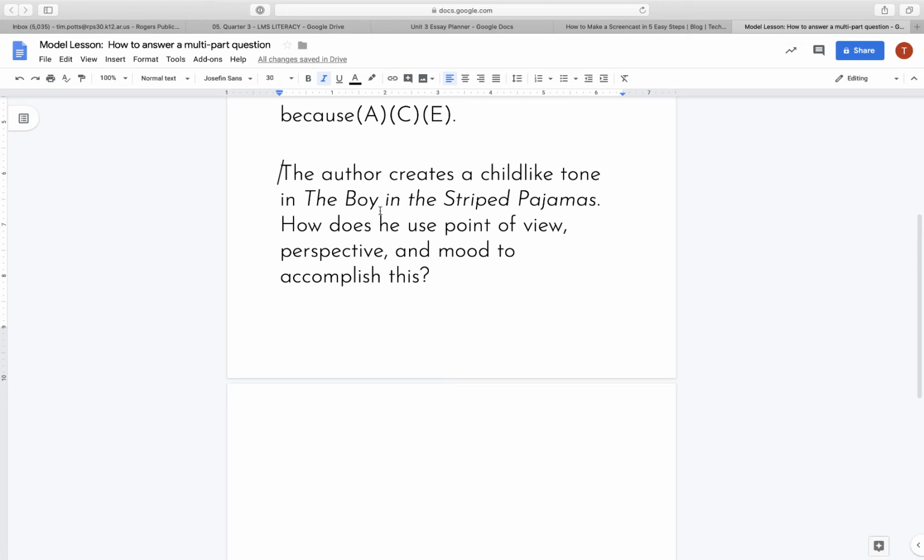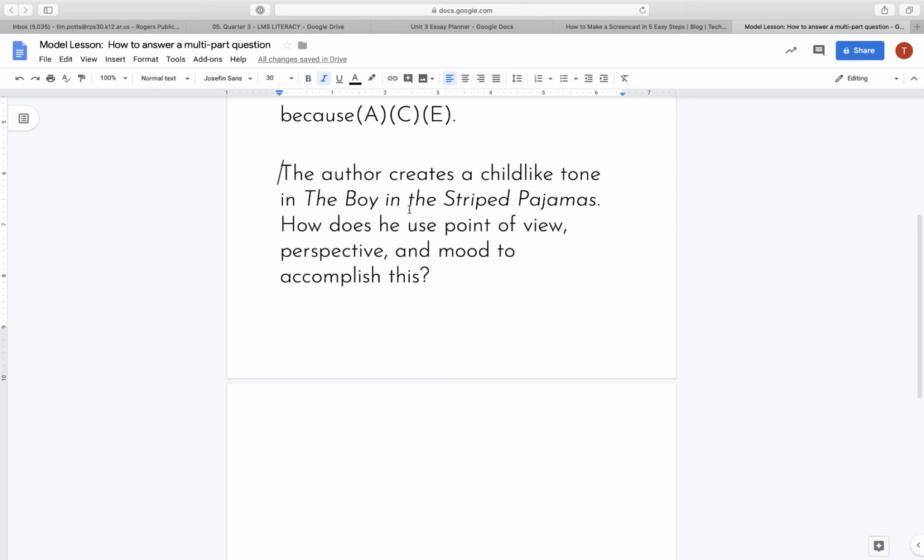And if you look at it, it's kind of complicated. This one says the author creates a childlike tone in The Boy in the Striped Pajamas. How does he use point of view, perspective, and mood to accomplish this? So this one is one question, but there are multiple parts inside of it. We have to really think about all the different things we have to address.